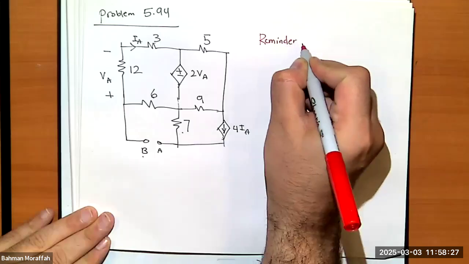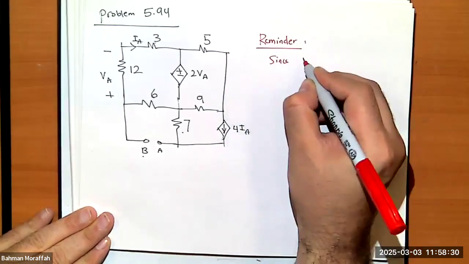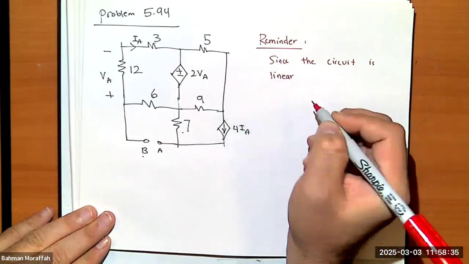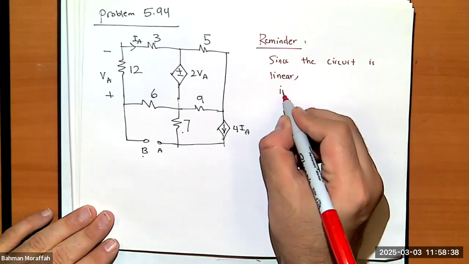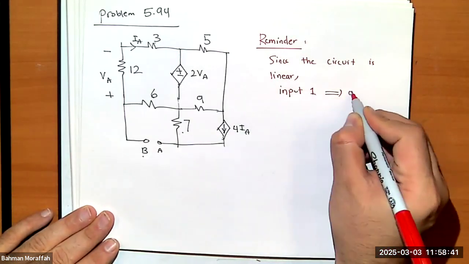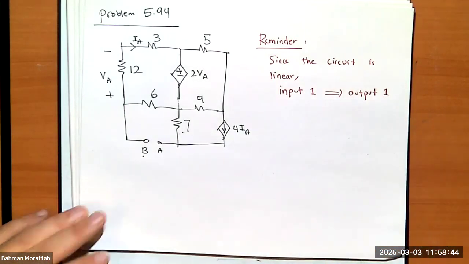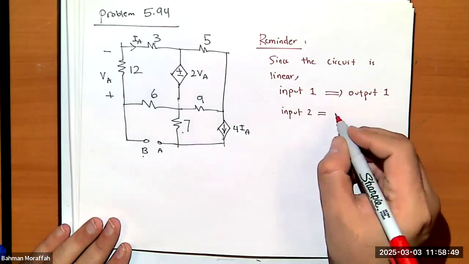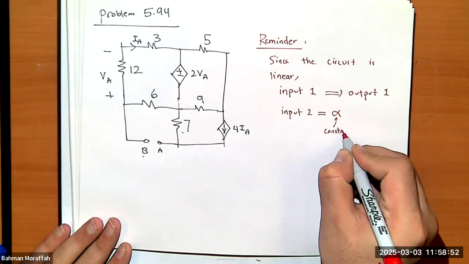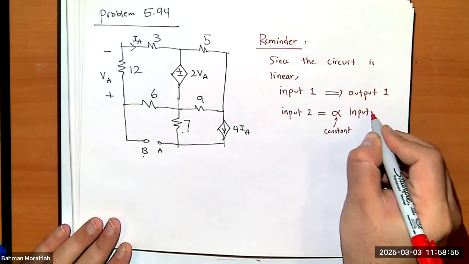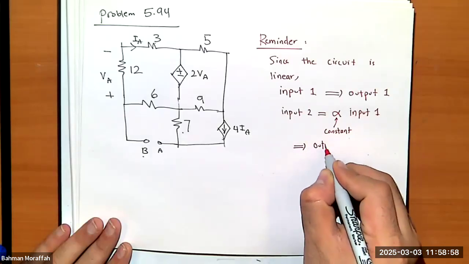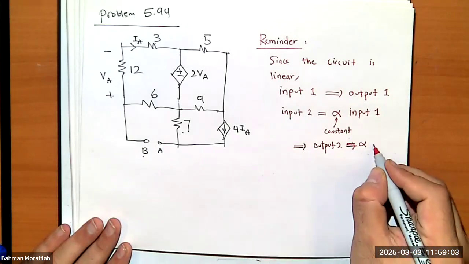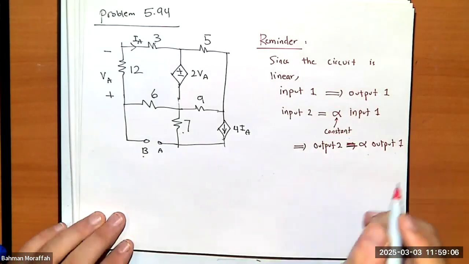Reminder: since the circuit is linear, if input 1 results in output 1, and we define input 2 to be some constant alpha times input 1, output 2 must be the same constant times output 1.